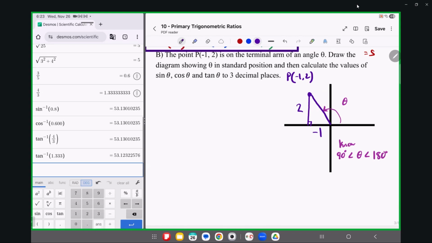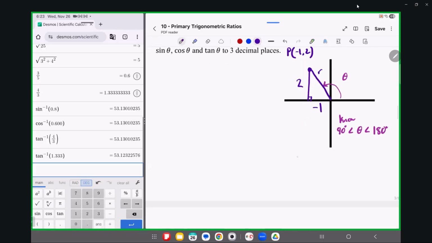Okay. So what do I know about the radius r? Well, r is subject to r squared is equal to x squared plus y squared. That doesn't change. And so r will be equal to the square root. The x component is negative 1. The y component is 2.